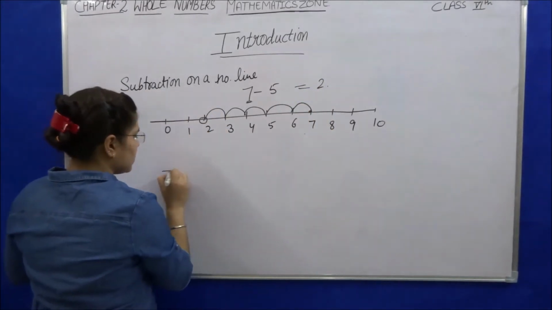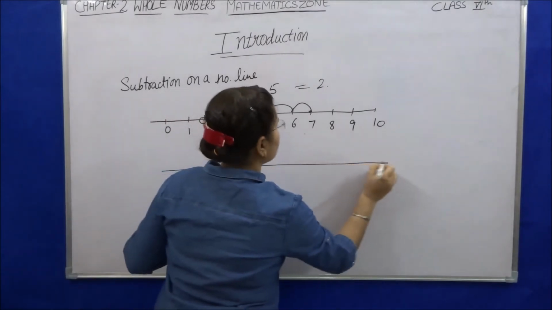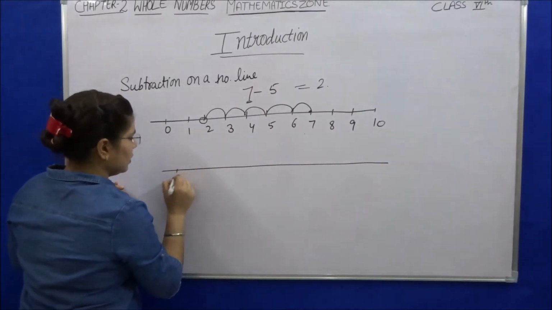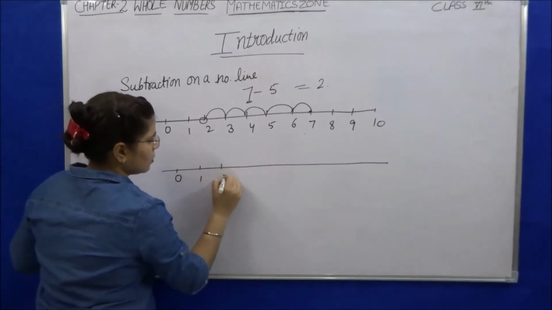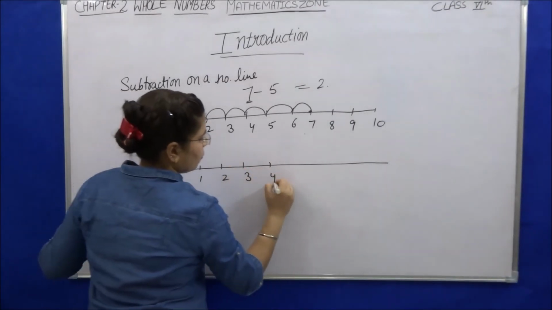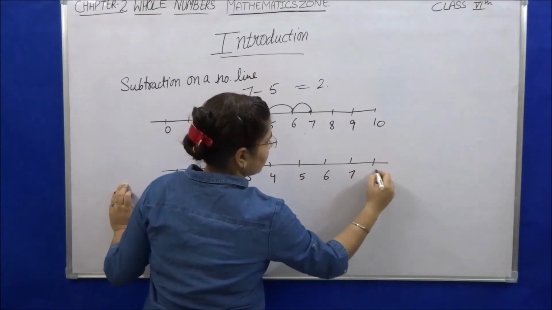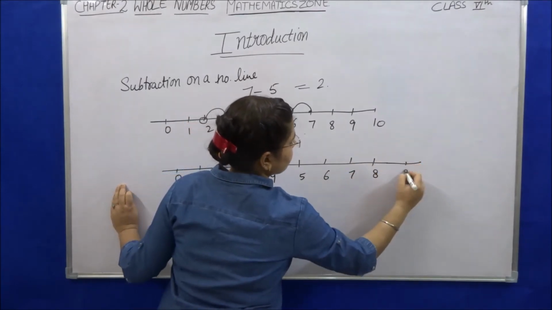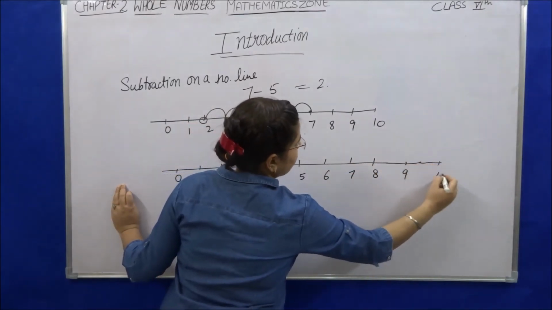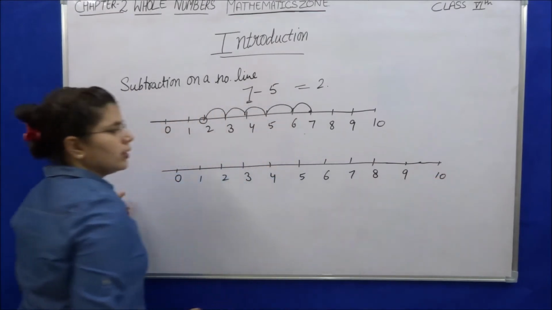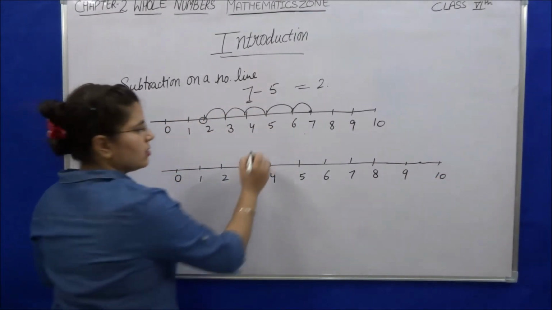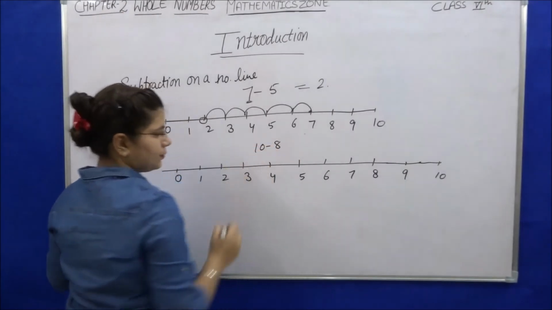Now on a similar line, let us consider one more number line 0, 1, 2, 3, 4, 5, 6, 7, 8, 9, 10. Now let us suppose 10 minus 8.